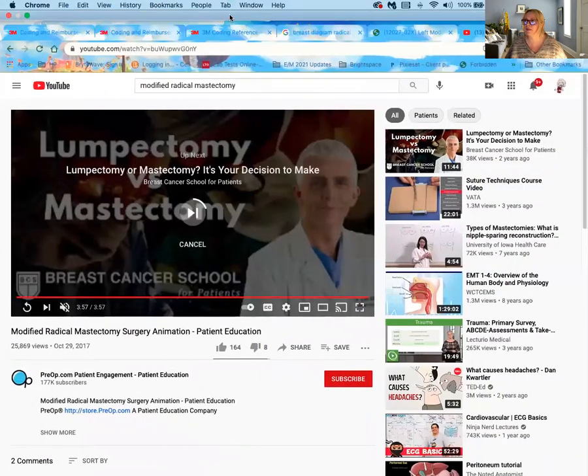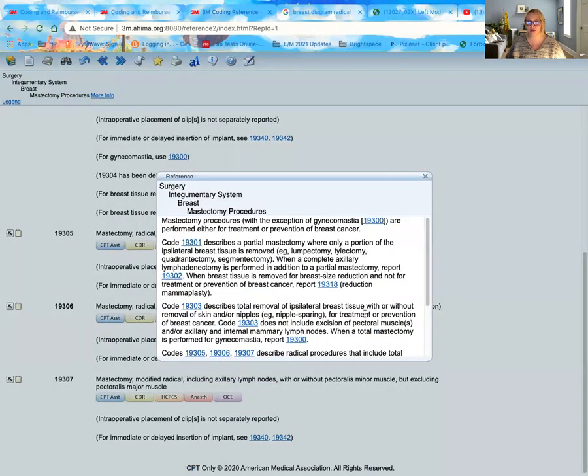And so I can come back to my coding options and I can say, if I don't know already that I'm looking at a modified radical procedure, I can look at all of my mastectomies and look at the detail until I find the description, which that guideline is going to tell me for what this applies.